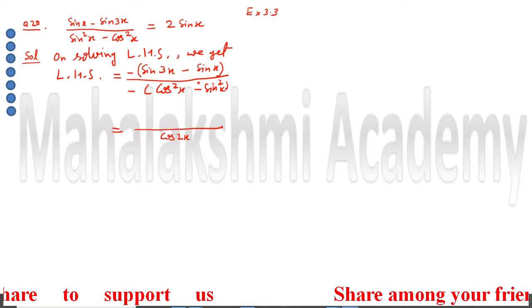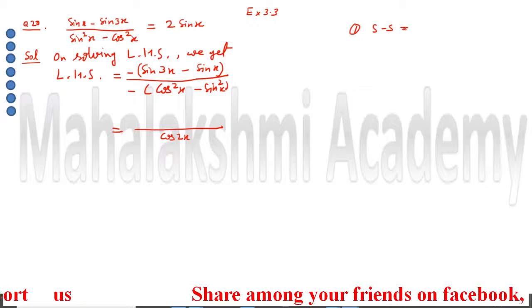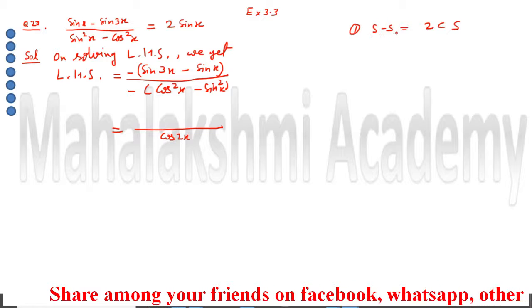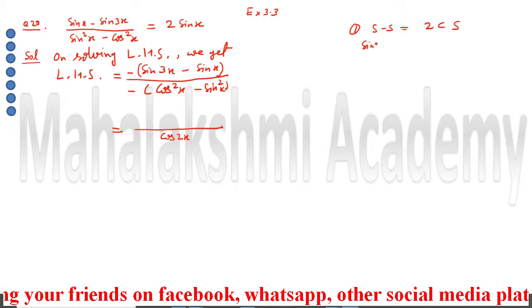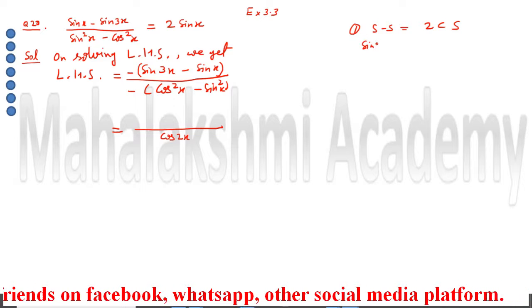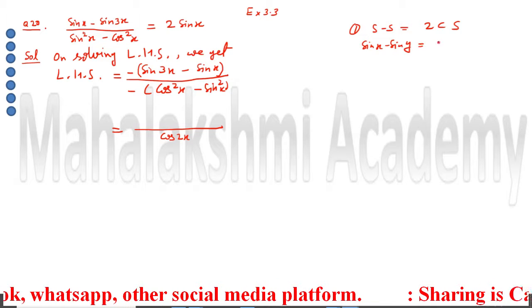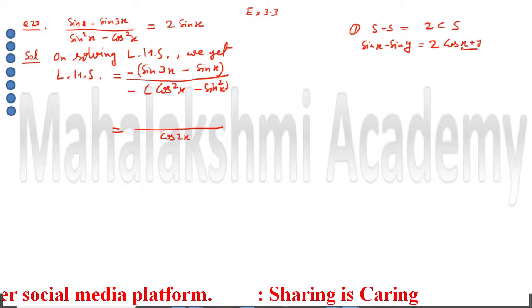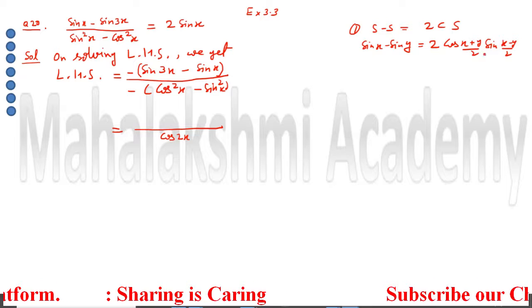Now in numerator we are going to use the formula sin minus sin, that is 2 cos sin. Now what is s? S for sin and c for cos. So if we have any question in this format, that is sin x minus sin y, then by using the formula it is going to be 2 cos of sum of angles divided by 2, then sin of difference of angles divided by 2.